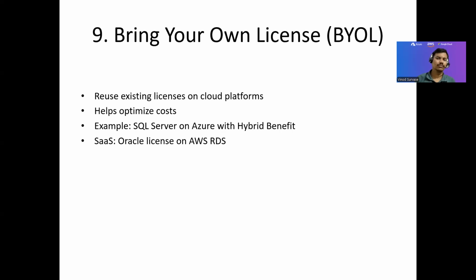So they provide bring your own license capacities that we can simply bring onto the cloud platform and use, because the cloud platform has different pricing, but as long as we have appropriate licensing, we can bring it and use it under the hybrid benefit, right? It is also applicable in some cases with SaaS-based solutions like Oracle license on AWS RDS, right? So Oracle provides its service on the AWS cloud, and this is provided in many scenarios.